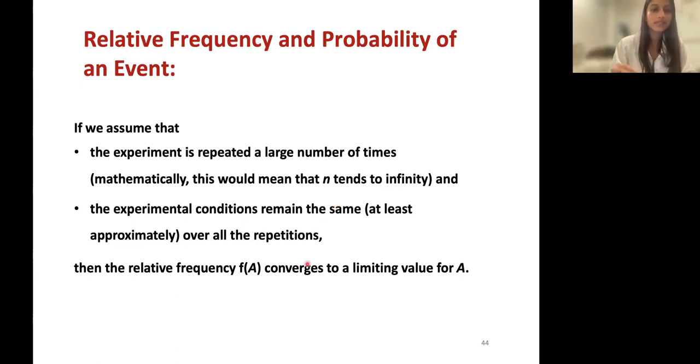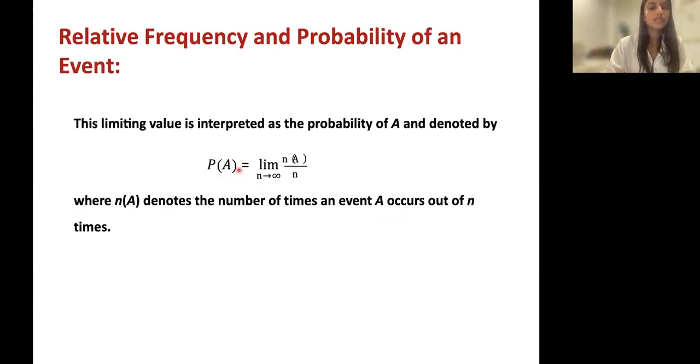So the relative frequency converges to a limiting value for A. The probability of an event A to occur is the converged limiting value of the relative frequency of A. Let's take an example so that you can understand what I mean by the limiting value of the frequency of A.